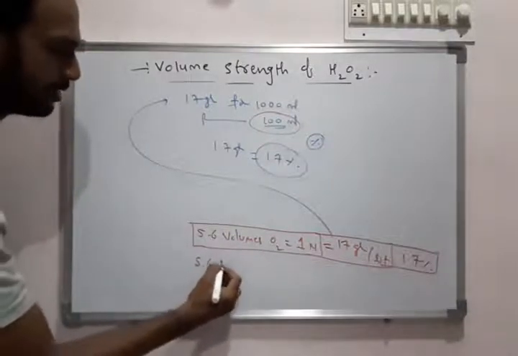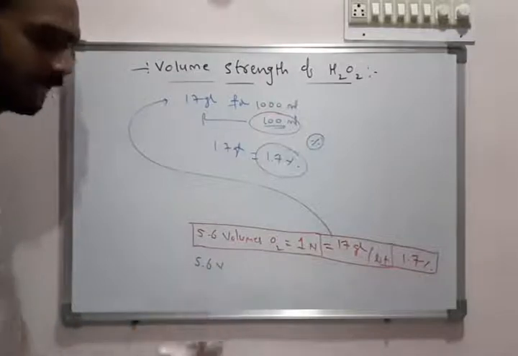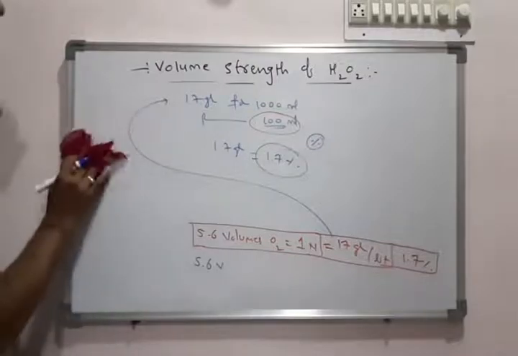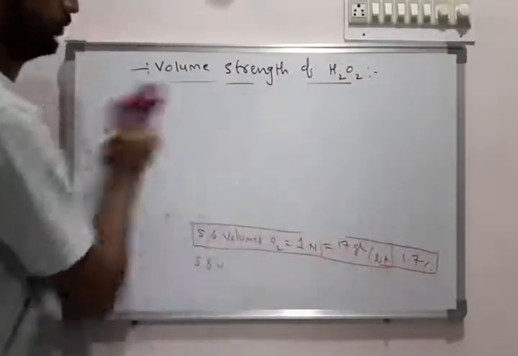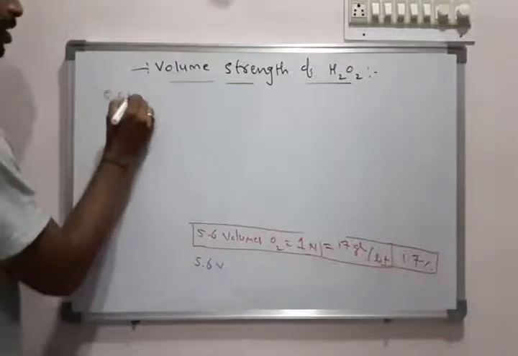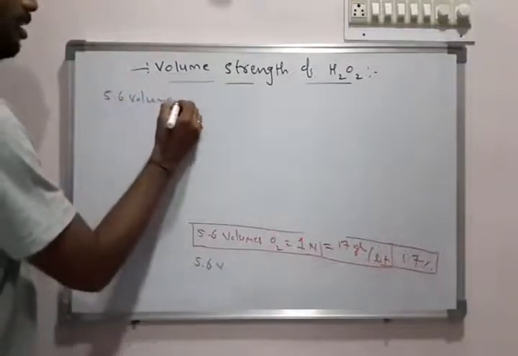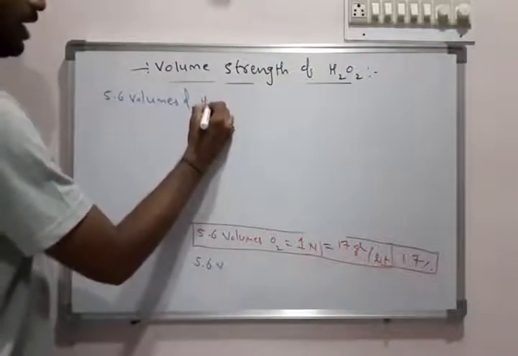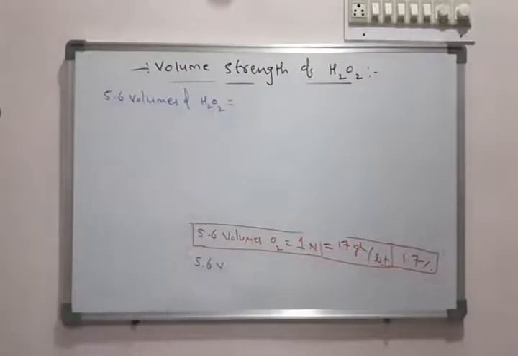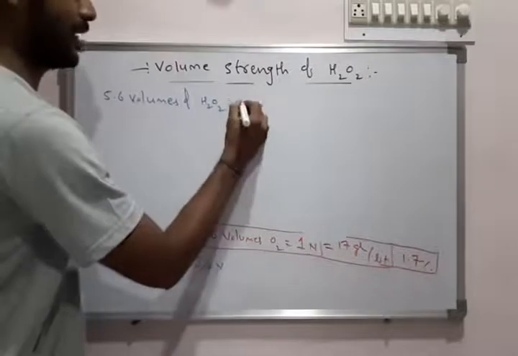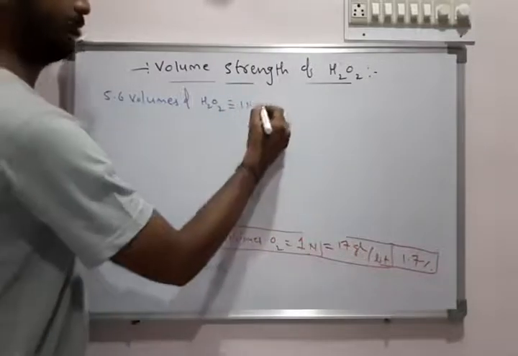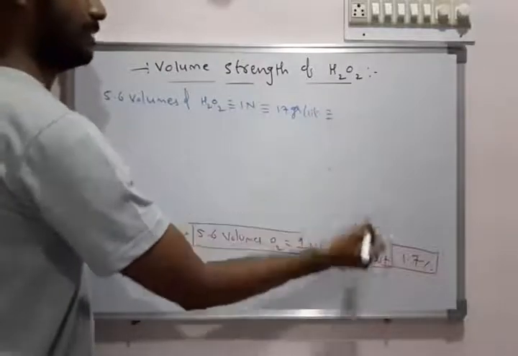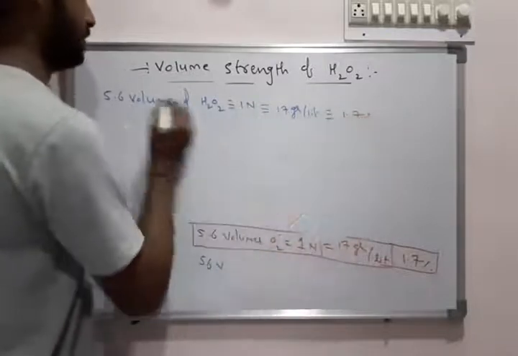We can write it as 5.6 volume strength of hydrogen peroxide. 5.6 volume strength of hydrogen peroxide is exactly equal to 1 normality, which is exactly equal to 17 grams per liter, which is exactly equal to 1.7 percentage.